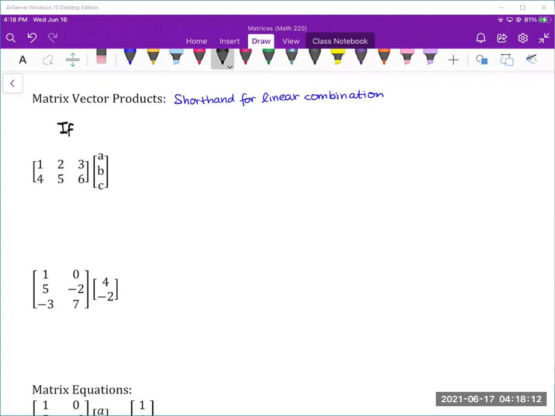So if A is an n by k matrix, and V is a k by 1 vector, so it's a vector that has k entries in it, then AV is defined.